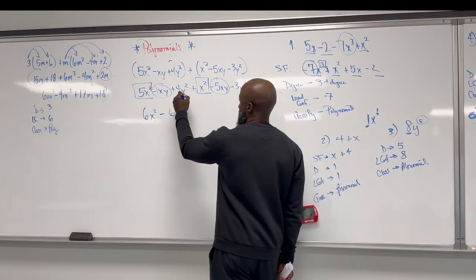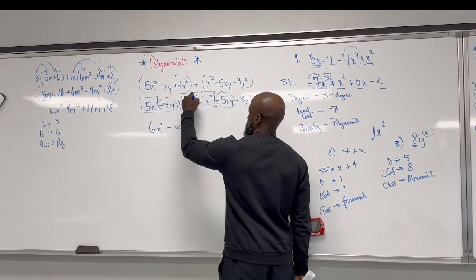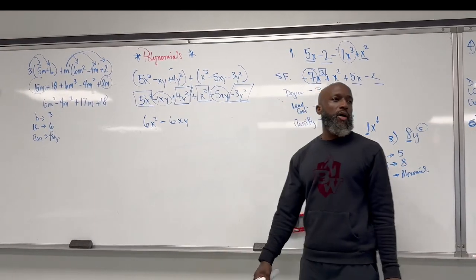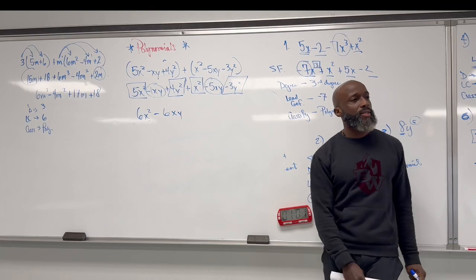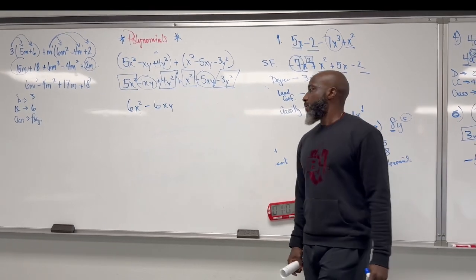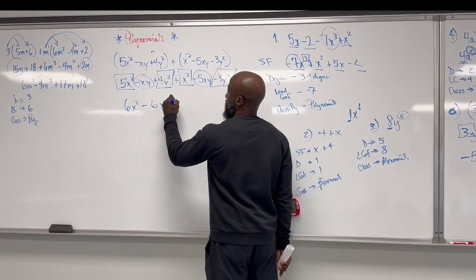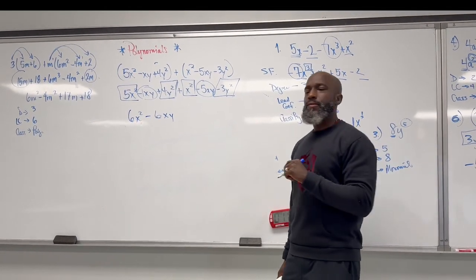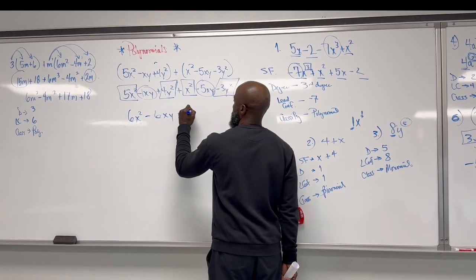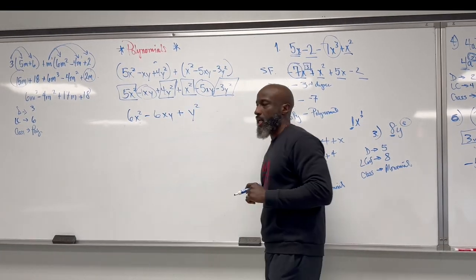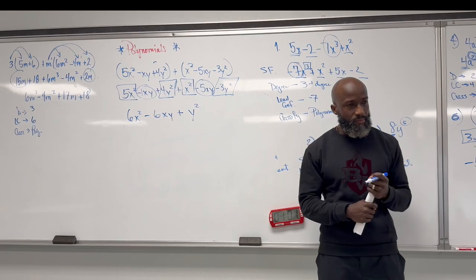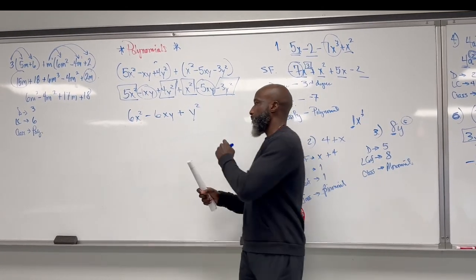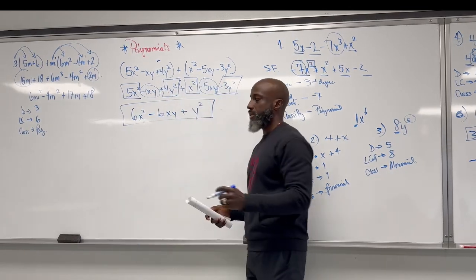Then y squared, 4y squared minus 3y squared is 1y squared. Is it positive or negative? Positive, because 4 is the bigger number. So it'll be plus y squared. So you put these in order, and you got your terms like so.